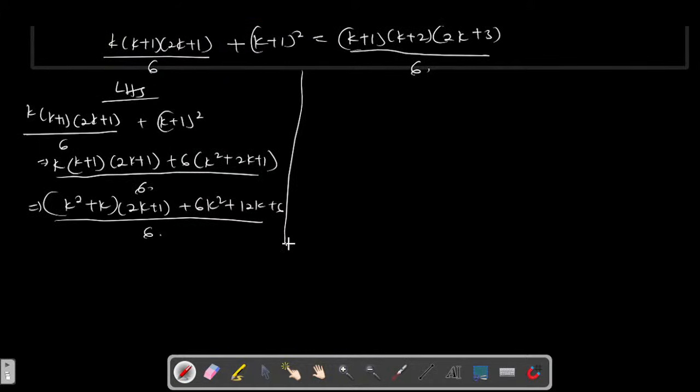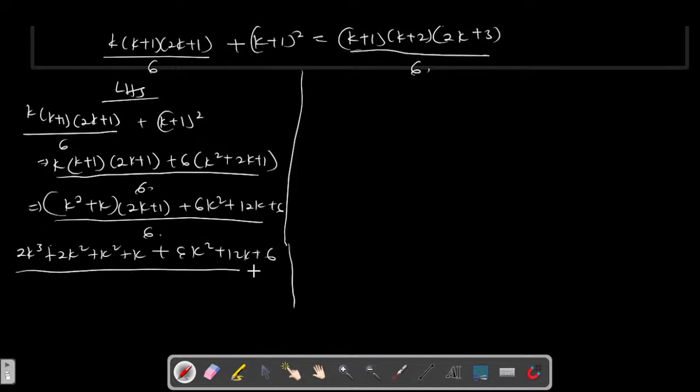So on my left hand side, I'm still multiplying this, k squared times 2k, that is 2k cubed. Then k squared, I multiply 2k by k squared, I got this. 2k by k will give me 2k squared. Then 1 plus this, I'll get k squared. 1 plus k times k, I'll get plus k, plus 6k squared plus 12k plus 6 all over 6.